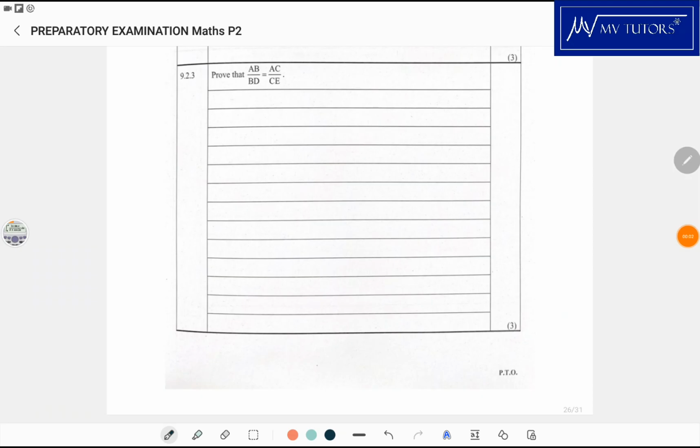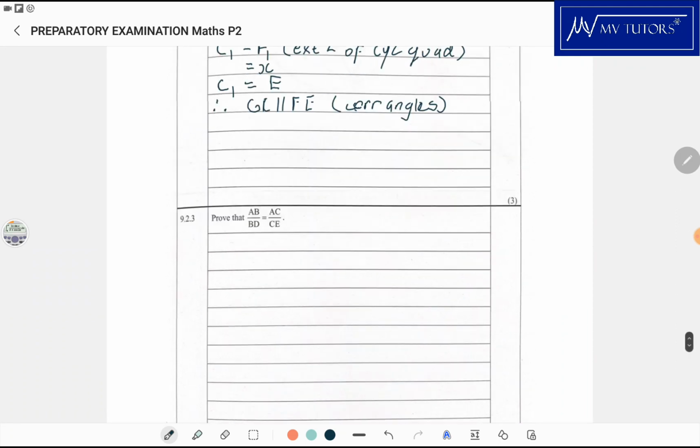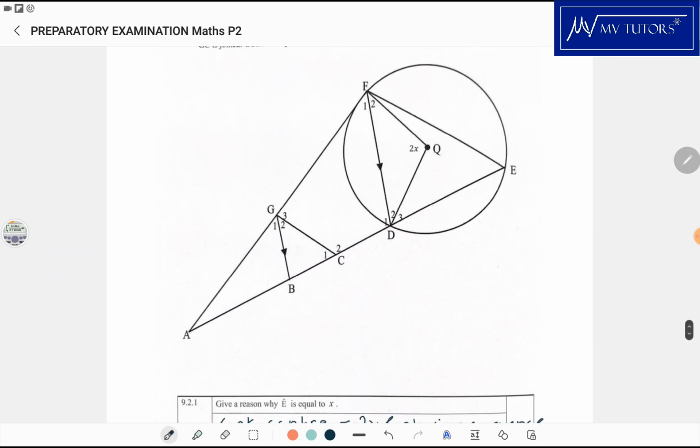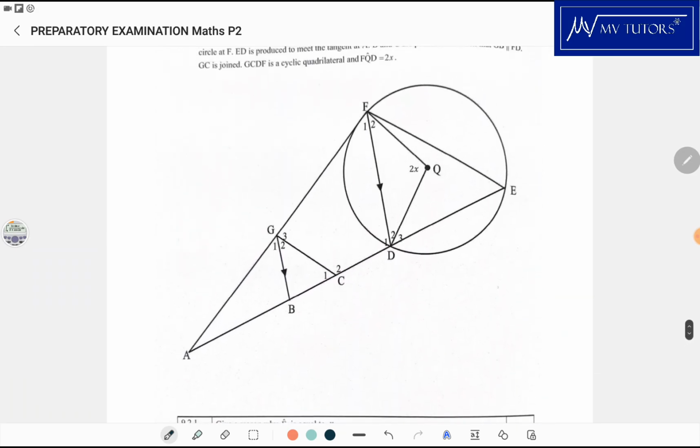Okay, let's look at 9.2.3. It says prove that AB over BD is equal to AC over CE. Let's take a look at those variables. Okay, they said AB over BD is equal to AC over CE. Okay, I see it.